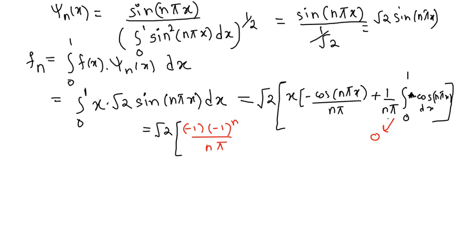So this will be equal to minus 1 raised to n plus 1 into root of 2 divided by n into pi. So fn is equal to this, and you can clearly see that this is a non-zero number.